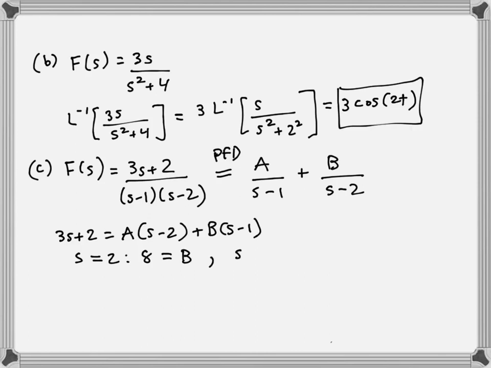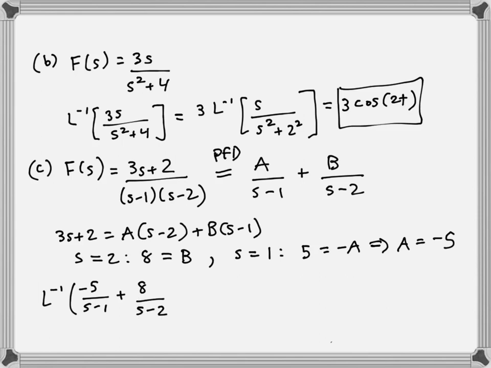And if I plug in s equals 1, I end up with 5 equals negative a, or a equals negative 5. So what does this mean? This means that I'm really doing the Laplace inverse of negative 5 over s minus 1 plus 8 over s minus 2.